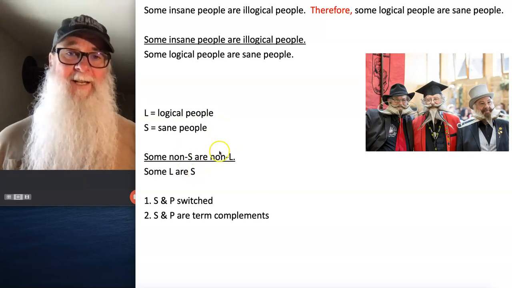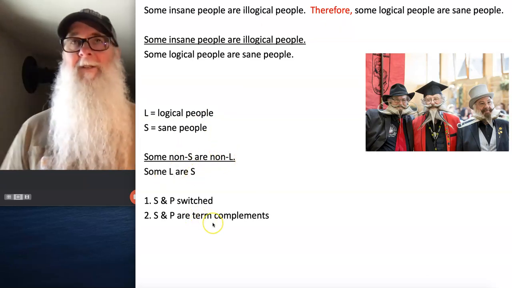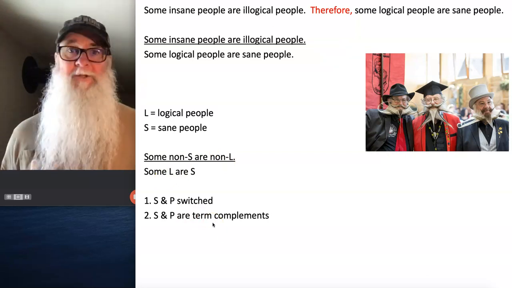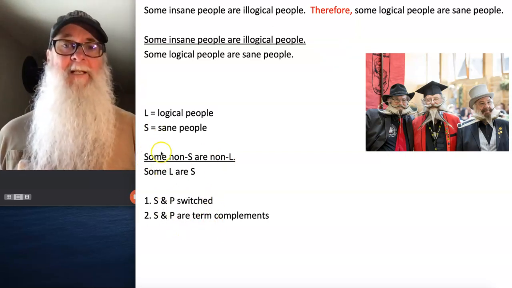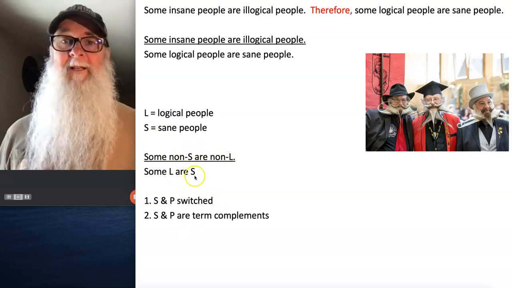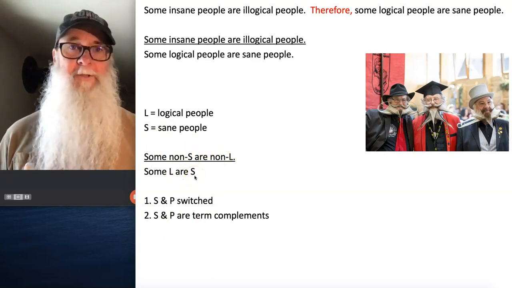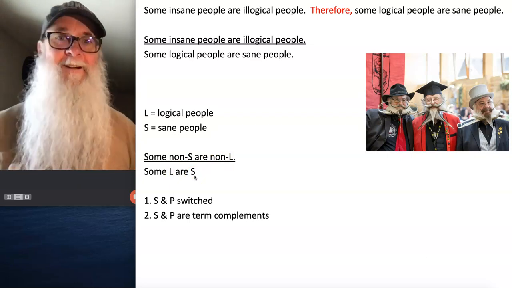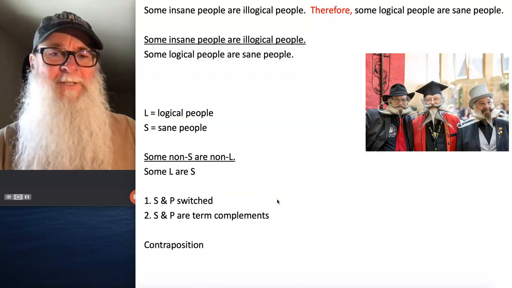So we have non-S and S and non-L and L. And so then the question is, what operation could I apply to the statement some non-S are non-L to produce the statement some L are S? Conversion? Obversion? No. Contraposition? Yeah.